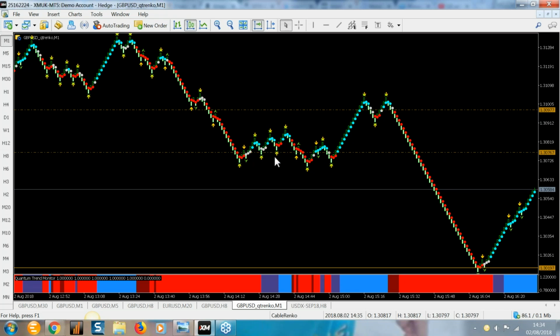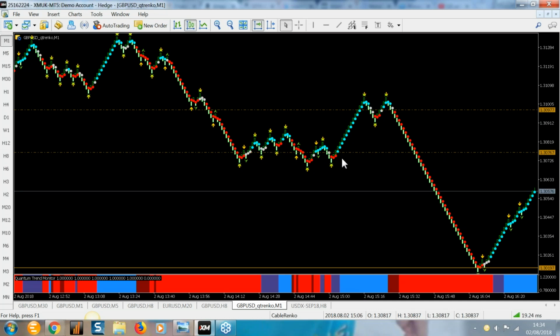Then we've moved into this congestion phase. This was just ahead of the announcement. It's a congestion with a reasonable amount of volatility, and you can have a look at the time charts to confirm that. Then we had the announcement.